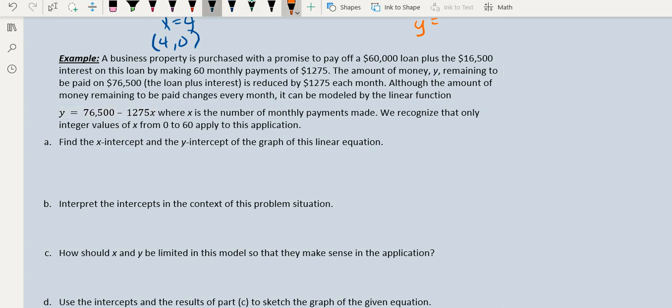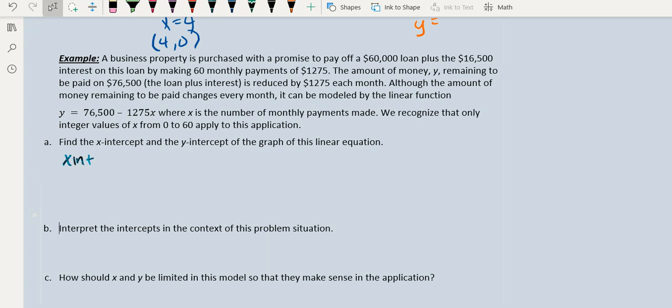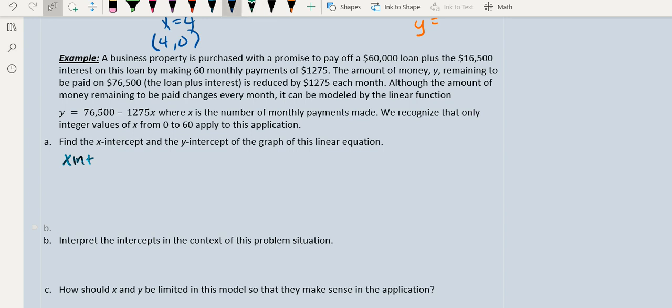So if I need to find the x and y intercepts, for the x-intercept, I am going to plug in 0 for y and solve for x. So 0 equals 76,500 minus 1275x, because I plugged in 0 for y and am solving for x.